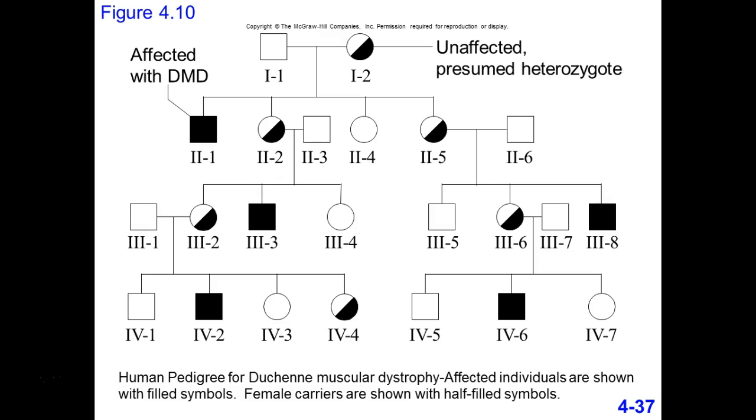Everyone understand that? Because the mom is going to give the boy one of her X's, and one of her X's is bad. So he has a 50-50 chance of having the disease because it's only on the X chromosome. And his dad's not going to give him an X anyway, because his dad gave him the Y. That's what made him a boy.